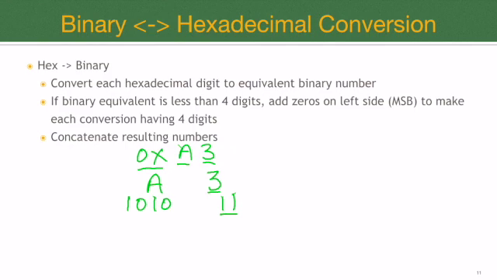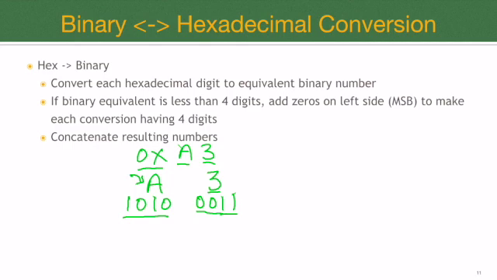So I will extend it to 4 digits right here. So there should be 2 more zeros added here so that it becomes 4 digits. The second digit that I converted was A. Its equivalent binary already has 4 digits. So I do not need to add additional digits.